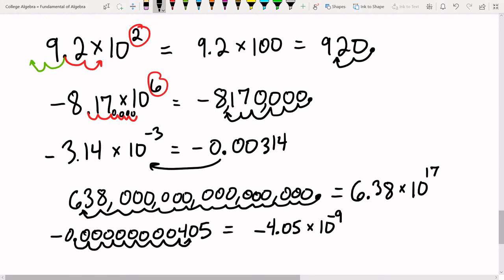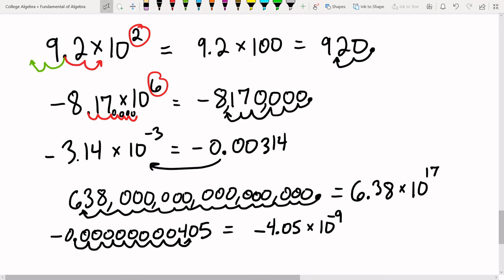So a negative power in the exponent means it's a very small number. It's going to be a very long decimal number. A positive number in the exponent means it's going to be a very big number. So in this case, it was 1,000, million, billion, trillion, quadrillion. So 638 quadrillion. It's a very large number.